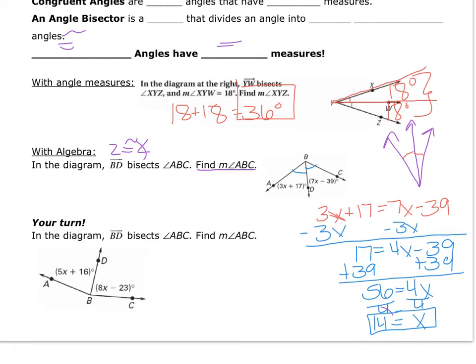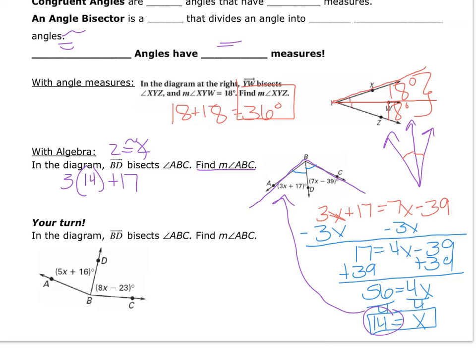So if we take that 14 and plug it back in, we really have to pay attention to what it's asking. It wants the measure of angle ABC. So that's the whole thing. If we take this 14 and plug it in to where the x is, 3 times 14 plus 17, and we only need to do this for one of these angles because they're both the same measure, then all we have to do is double it.